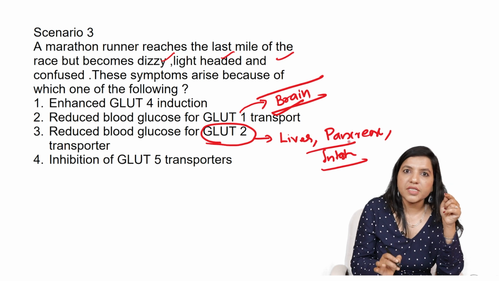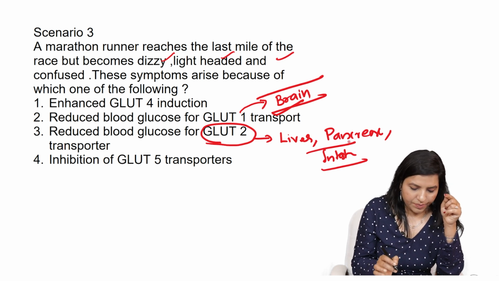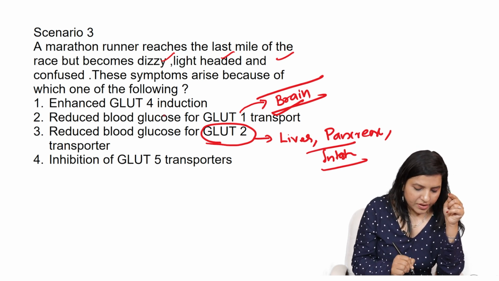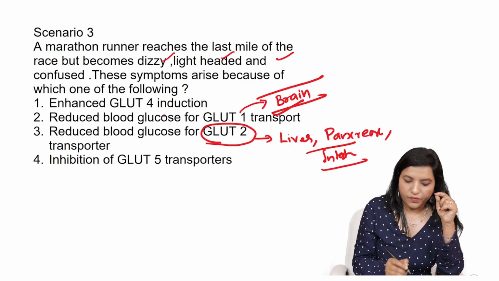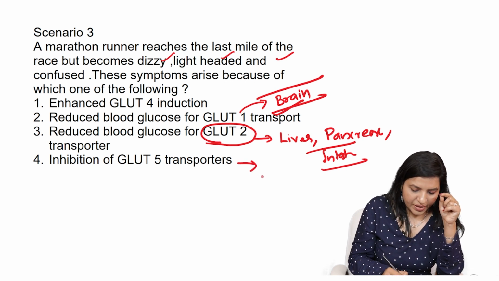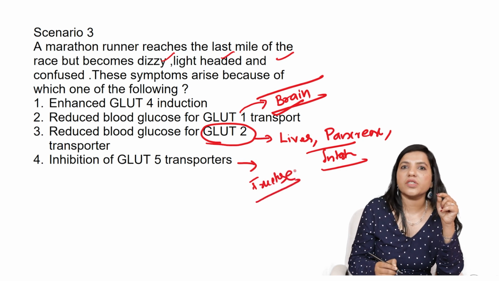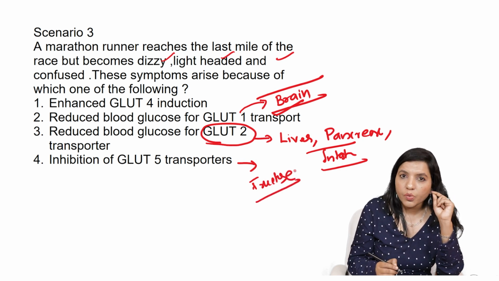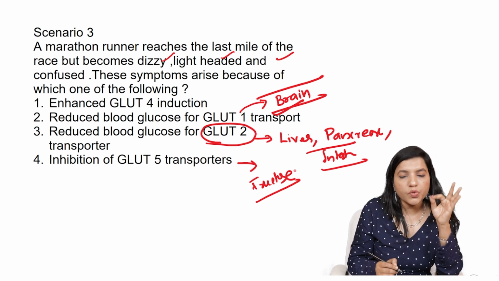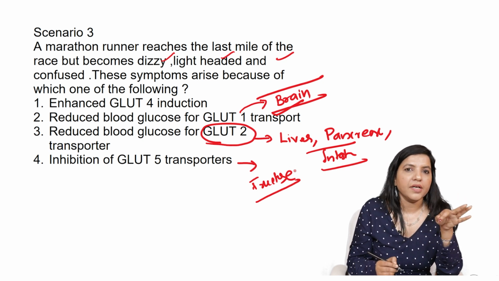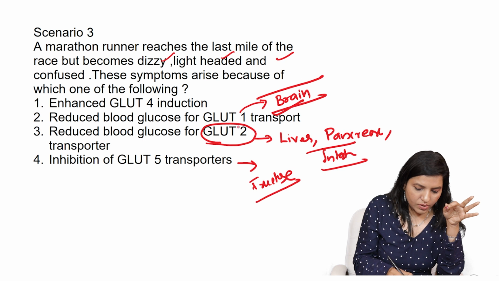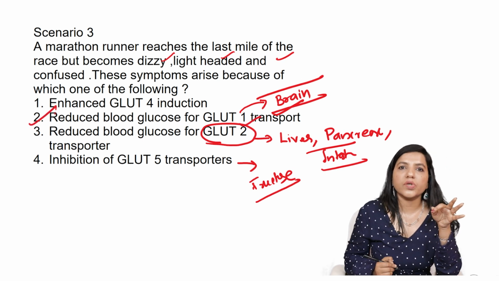It is not present in the brain. So, that is not the answer. The inhibition of glucose transporter 5. You know, glucose transporter 5 is the transporter of fructose and that is not a transporter that is present in the brain. So, the question here is, which is the transporter that is present in the brain? So, in the brain the answer is glucose transporter 1 and hence 2 is the answer.